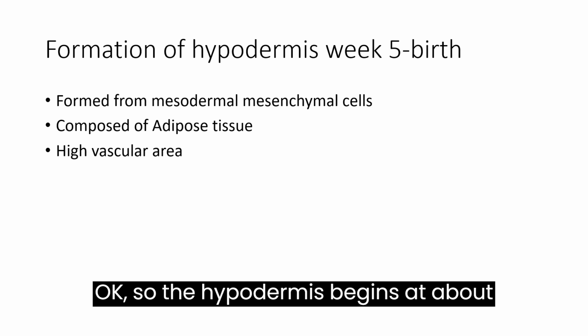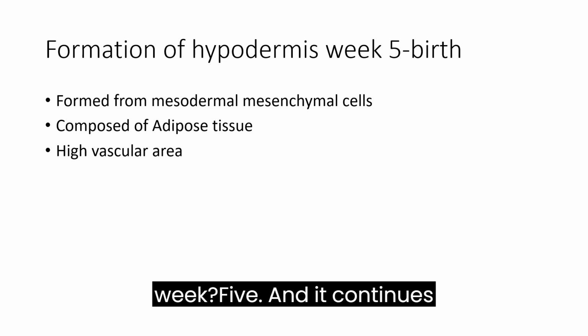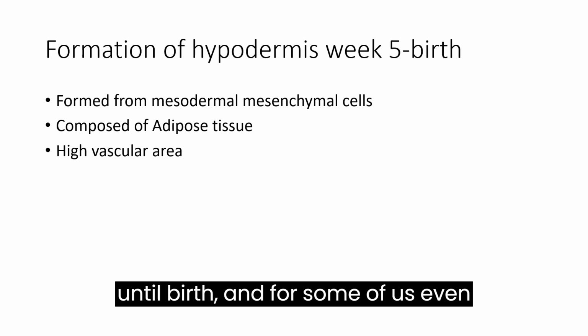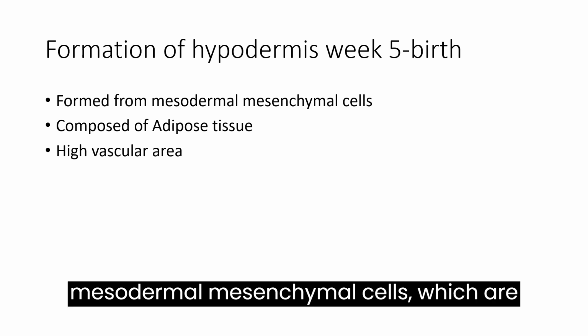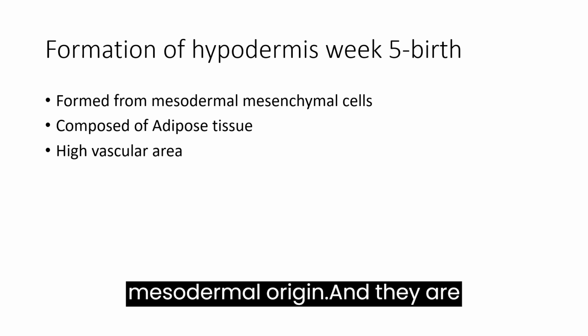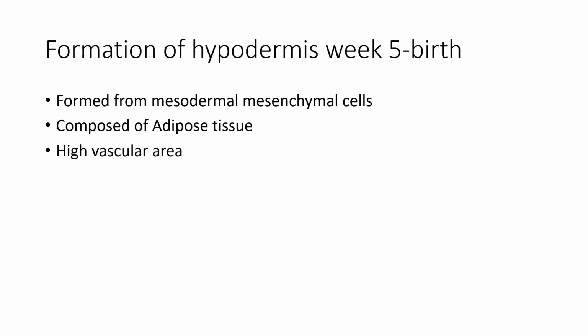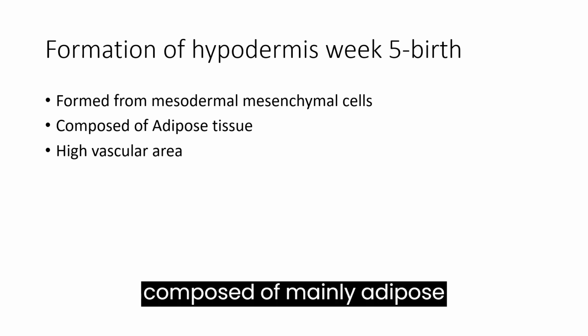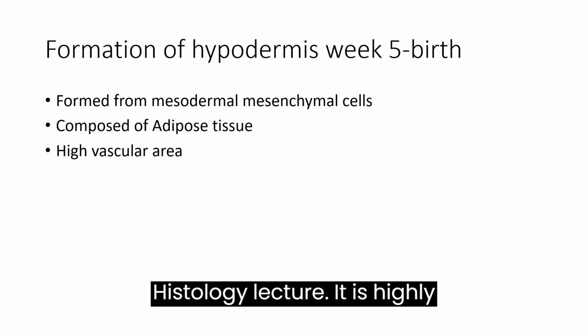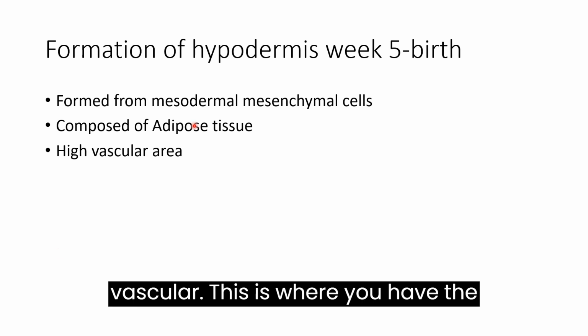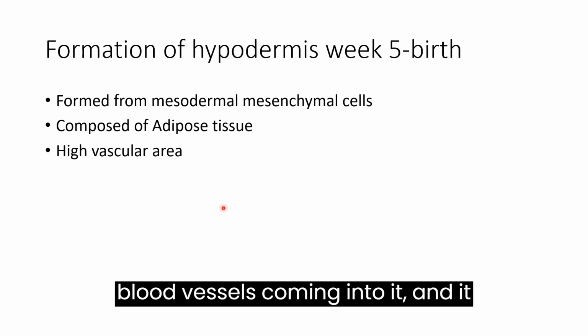Okay, so the hypodermis begins at about week 5, and it continues until birth, and for some of us, even after birth. And it is formed by mesodermal mesenchymal cells, which are of mesodermal origin, and they are composed of mainly adipose tissue. Adipose tissue is fat tissue, which you will remember from the histology lecture. It is highly vascular. This is where you have the blood vessels coming into it.